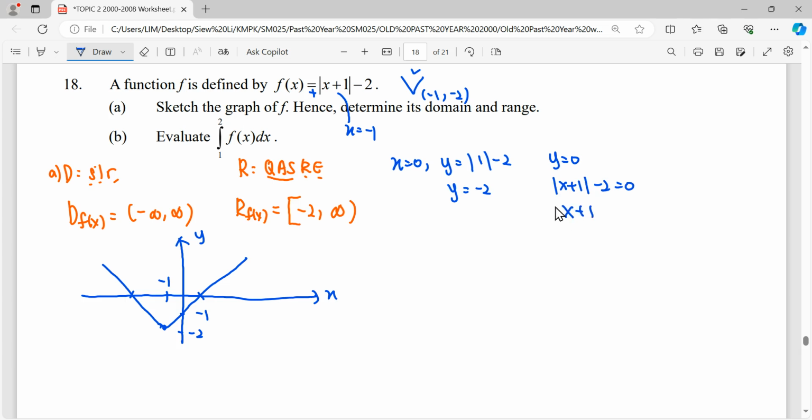So when we open the modulus, it will be positive 2 or negative 2. So this is 1, this is negative 3. So this is our f(x). Label it completely, where we have the x-axis, y-axis, function, the intersections, and origin 0.